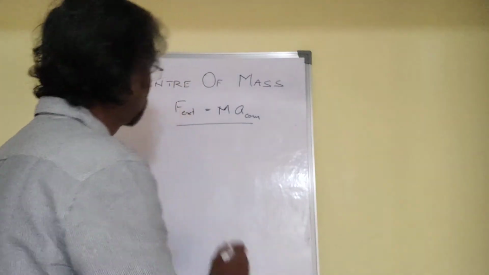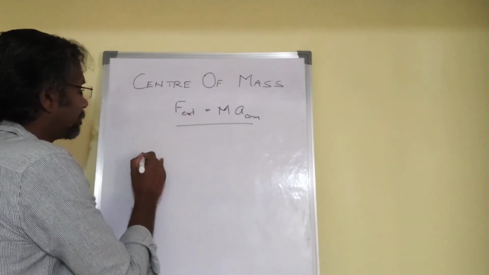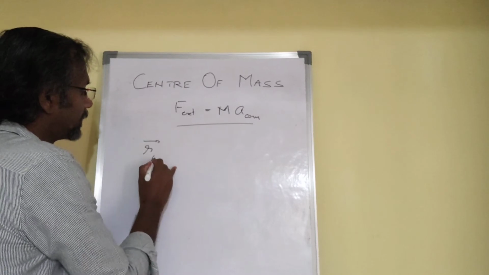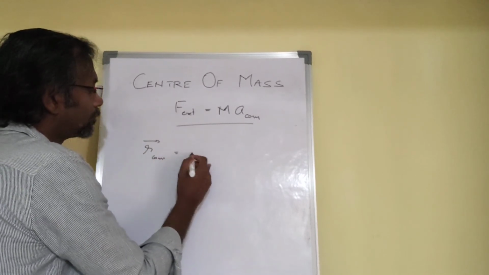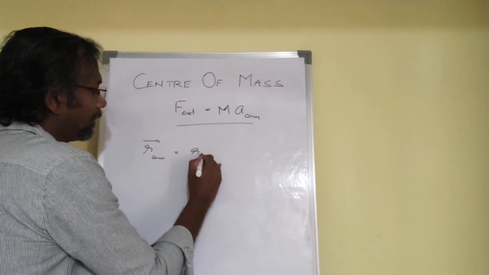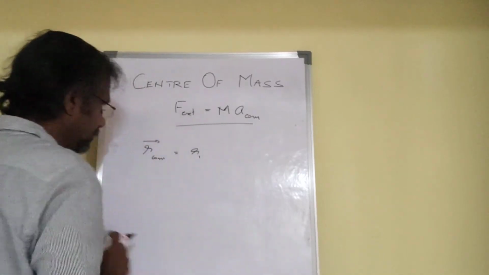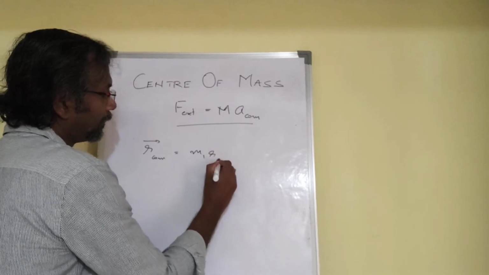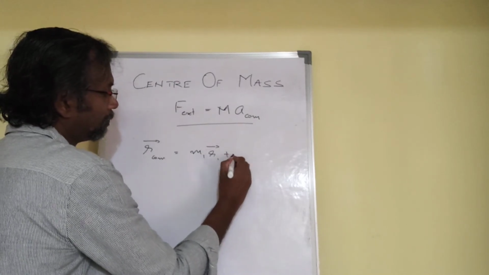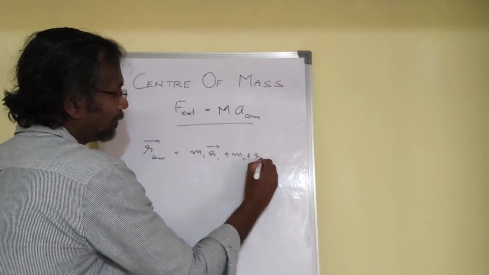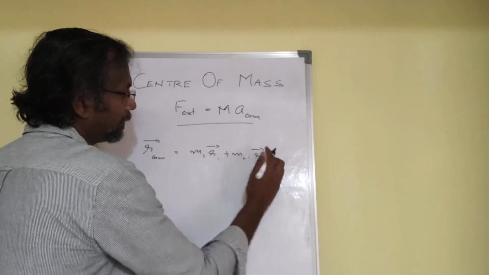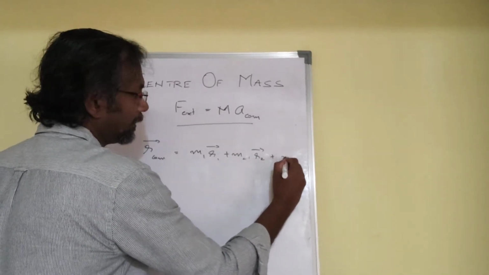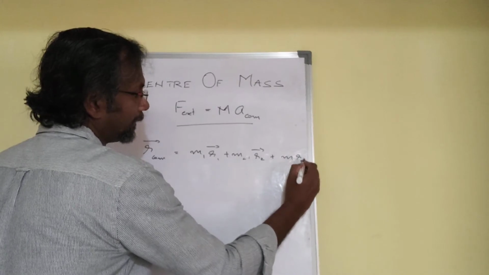Now the way I'm going to prove this is that the position vector of the center of mass is equal to m1 r1 plus m2 r2 all the way till mn rn.